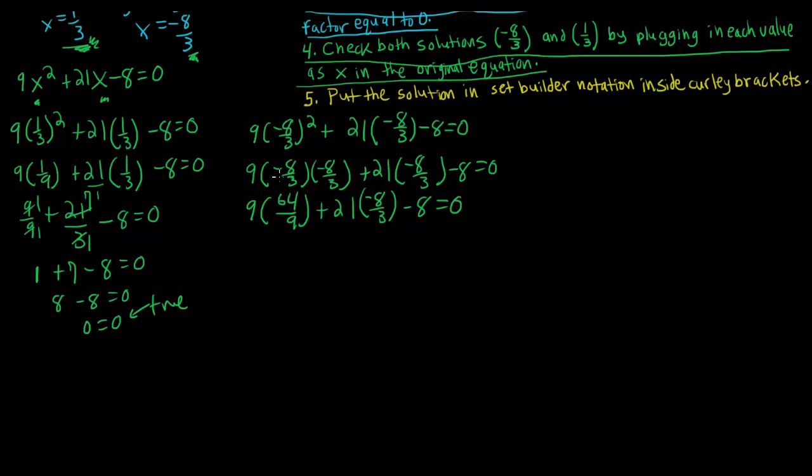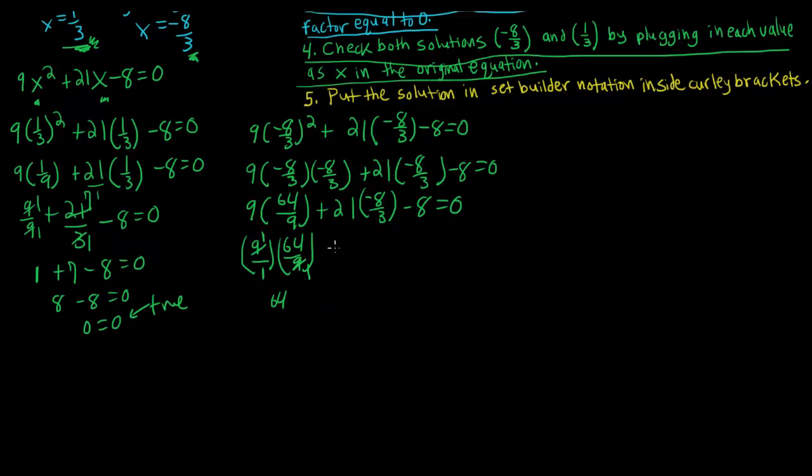Now, if we multiply 9 times 64/9, it's pretty much the same thing as 9/1 times 64/9, and we can actually simplify these fractions. 9 goes into itself once, and that gives us 64 times 1 is 64/1, which is the same as 64.